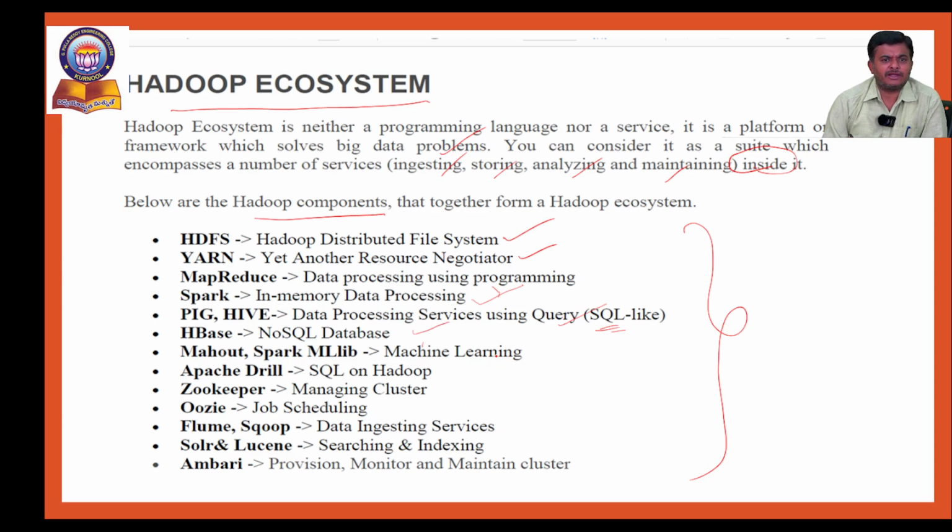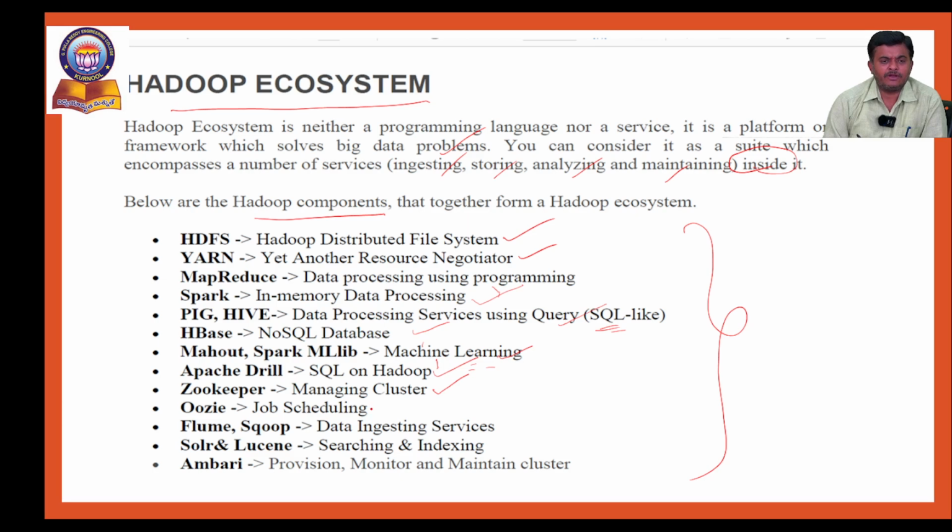Mahout, Spark MLlib are used for machine learning operations. Apache Drill, a SQL type structure that can be used with the Hadoop system. ZooKeeper is for managing the cluster. You can manage the cluster in Hadoop using ZooKeeper.